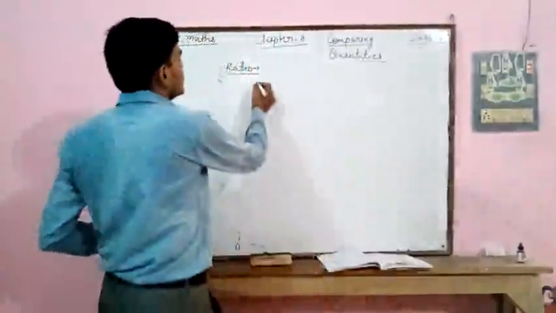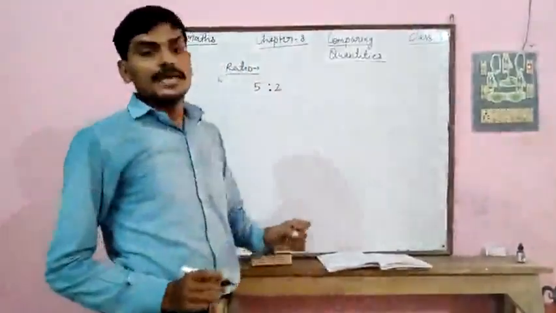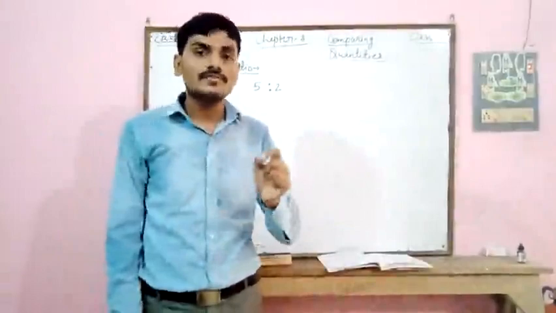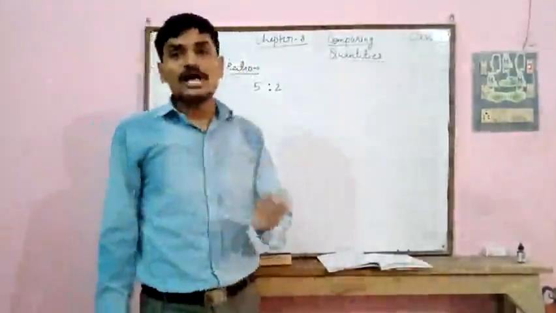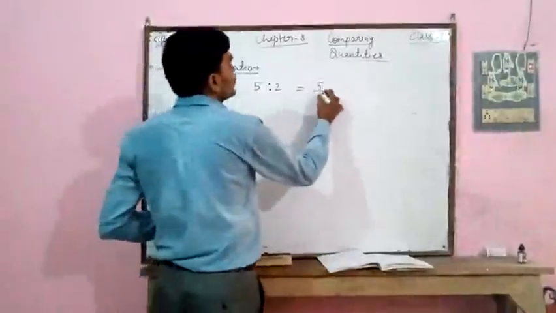For example, if we write 5:2, that is, if two persons have pens in the ratio of 5:2, we write it as 5/2.